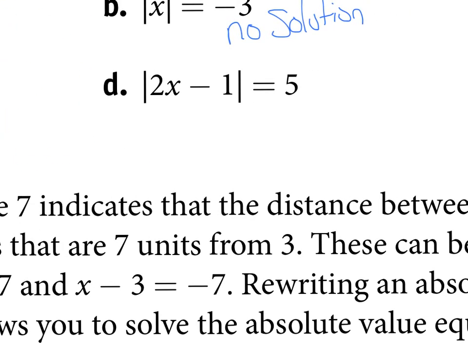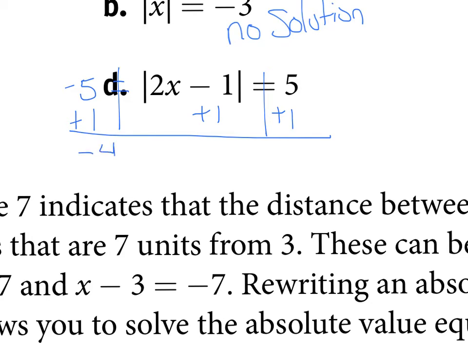D, same thing. Because it's saying the absolute value of 2x minus 1 is 5 units from 0. There is another value that is also 5 units away, and that's negative 5. So we have to include that. You have to put that negative value on the other side. And then again, solve like we normally do. Add the 1, add the 1, add the 1. Negative 5 plus 1 is negative 4.